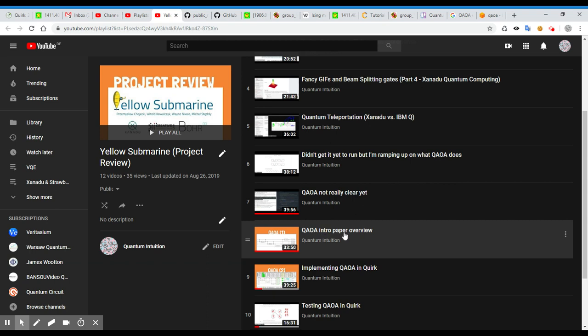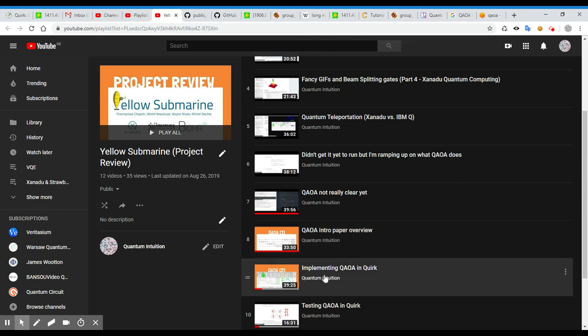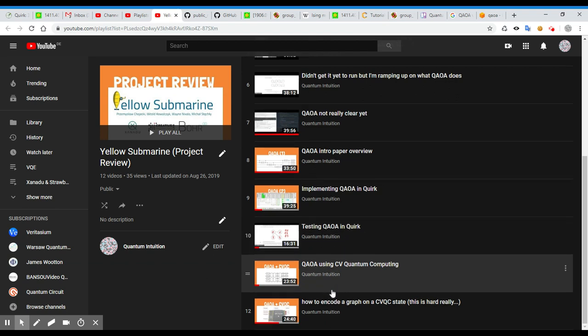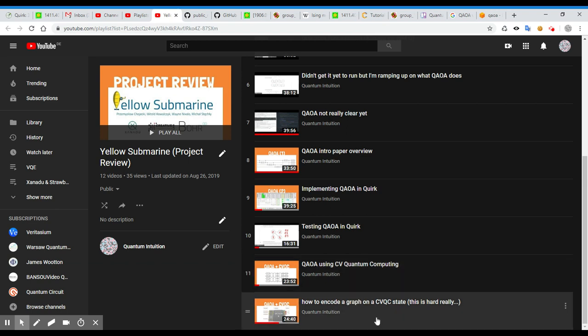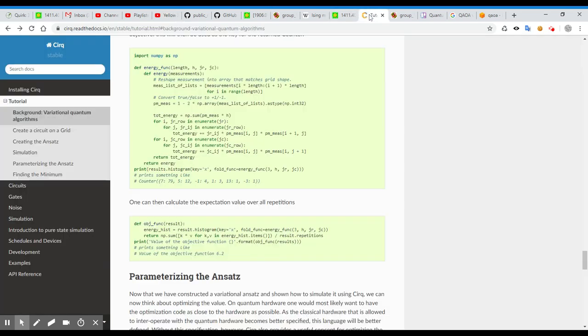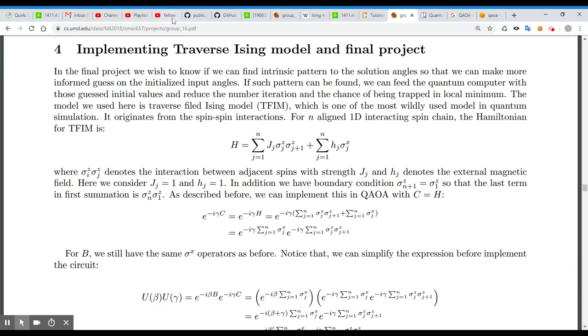Then the intro paper overview, then I was implementing this in Quark, then I was testing this in Quark, and then I kind of stepped into, okay, let's now go back to QAOA using CV, but then I stopped here because that was really hard. And I just moved on, and then at some point I came across VQE, and then I started digging into this, and it ends up being the same. Okay, so they're really closely related. So now this makes more sense.